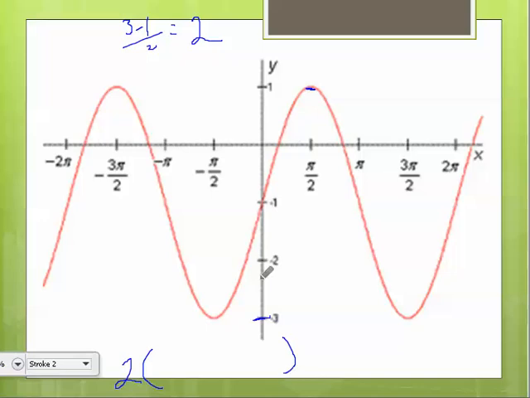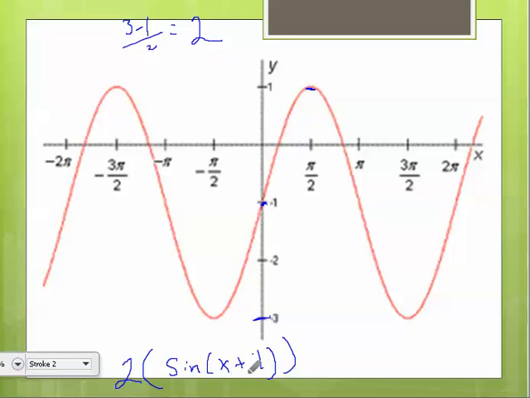Okay? You see how it's going through y equals negative 1 right there? So what we're saying is this is a sine function that has an x plus 1, because I shifted it down 1 unit.